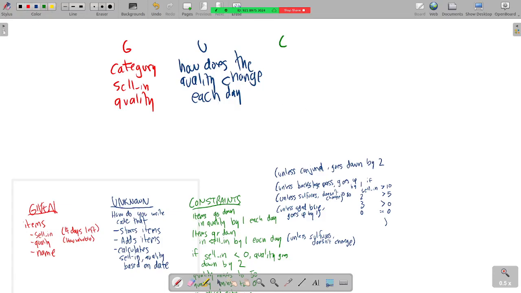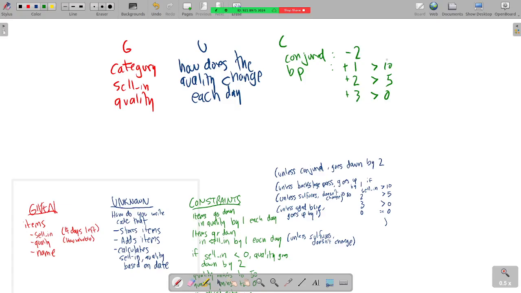And our constraints, it's going to be a little bit like what we did here, but the problem is actually a little bit easier. So conjured is minus 2. Backstage pass, let's see, plus 1 if greater than 10, and plus 2 if greater than 5, and plus 3 if greater than 0.